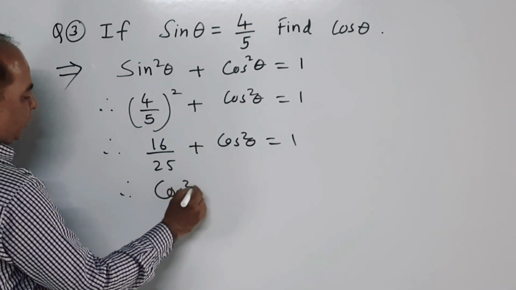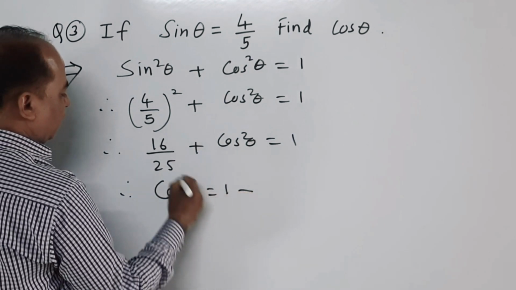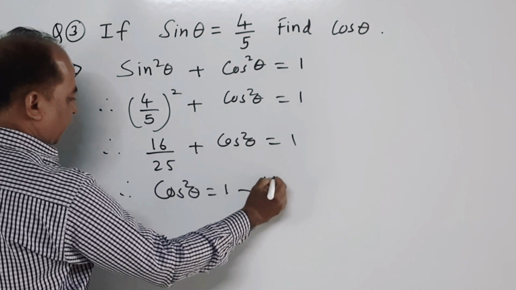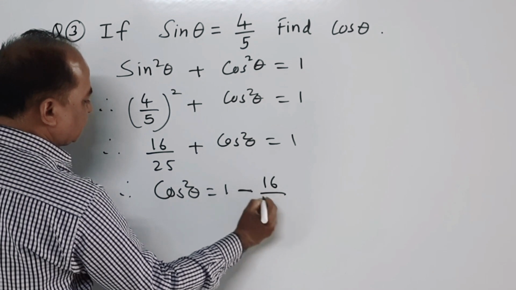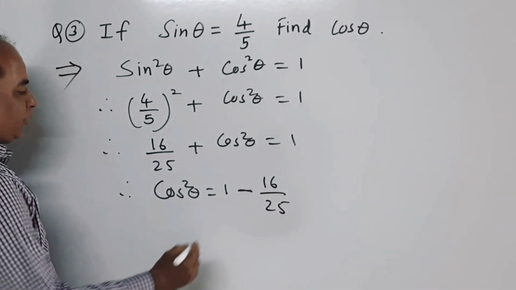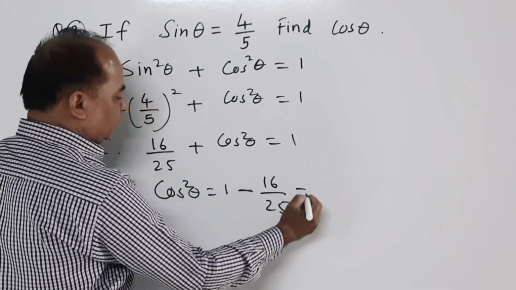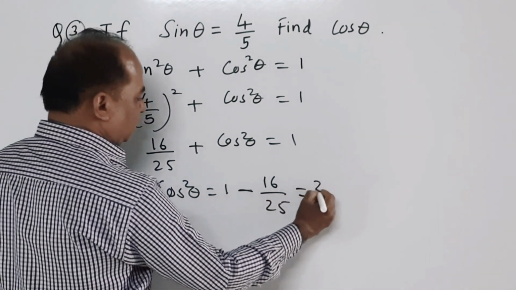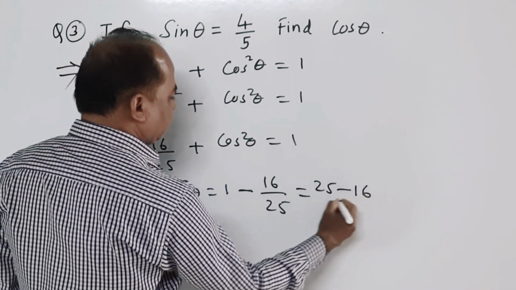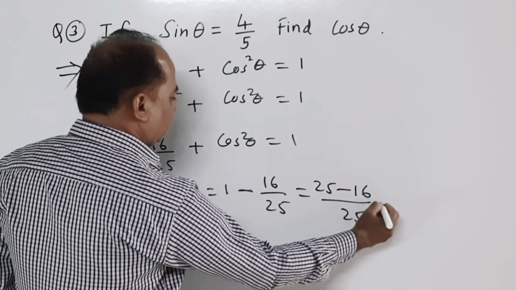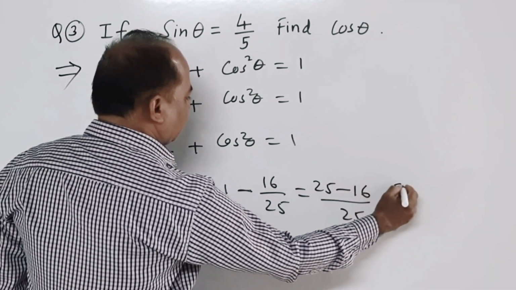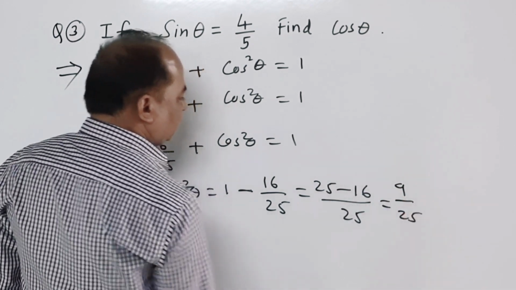Therefore cos square theta is equal to 1 minus 16 upon 25, as 16 upon 25 goes to the right hand side, which is equal to, doing the cross multiplication, 25 ones are 25 minus 16 upon 25, which is 25 minus 16, 9 upon 25.